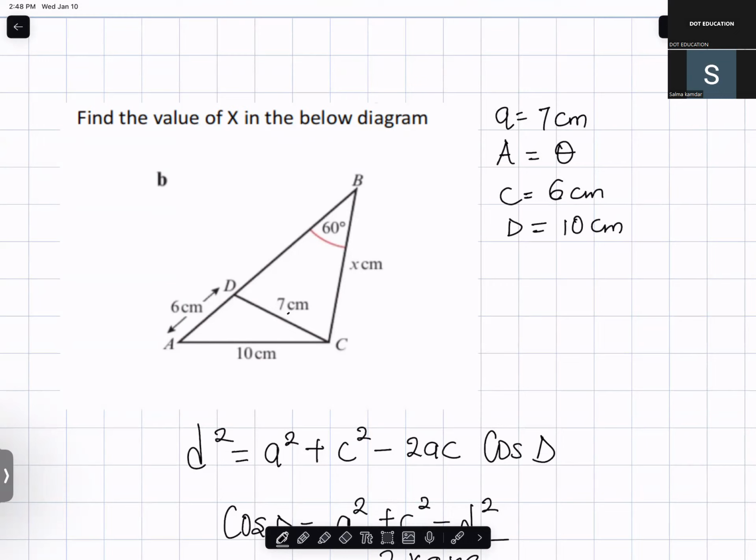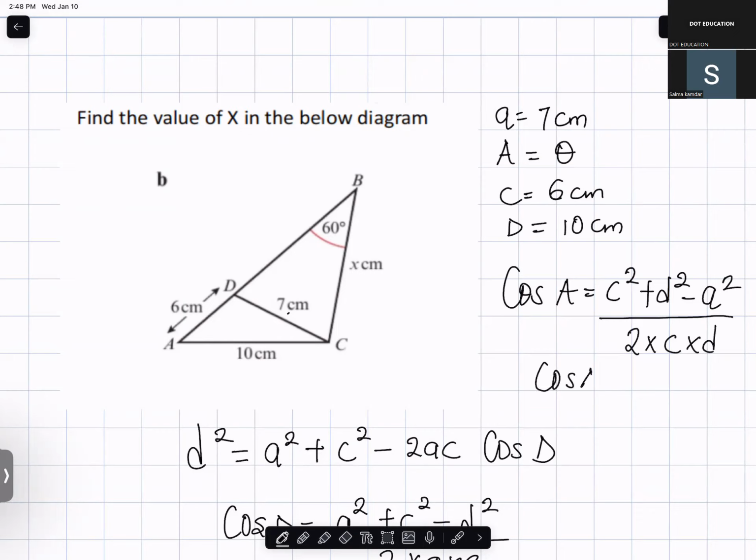So in looking for A, same formula, we have cos A equals C squared plus D squared minus A squared, divided by 2 multiply C multiply D. So we have cos A as 6 squared plus 10 squared minus 7 squared, divided by 2 times 6 times 10.